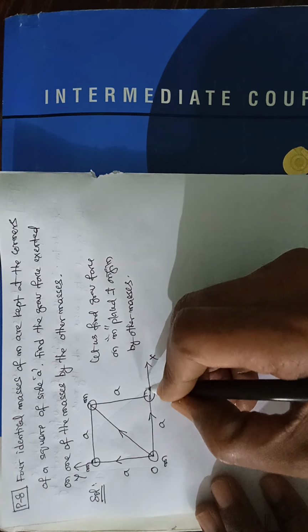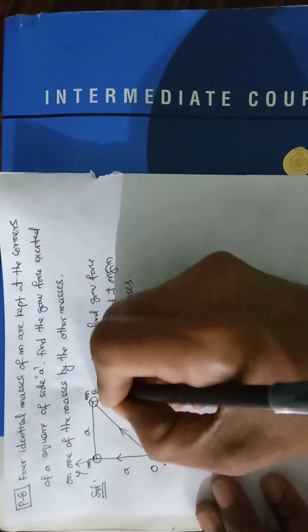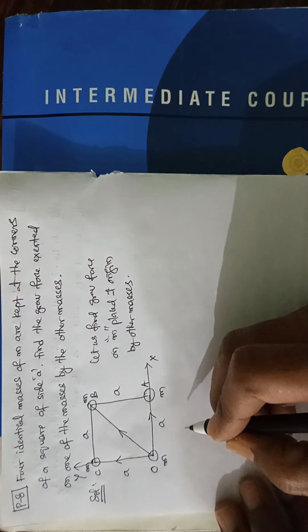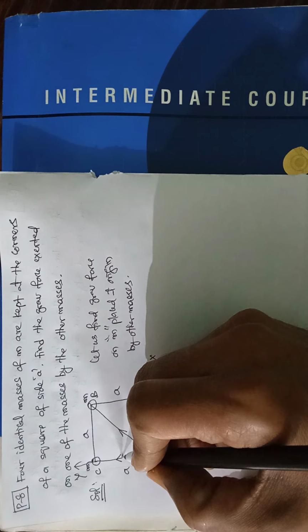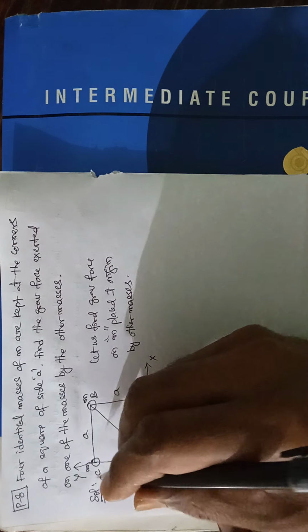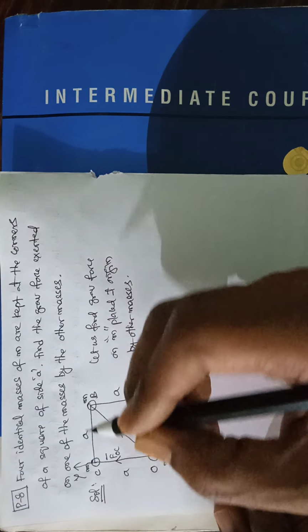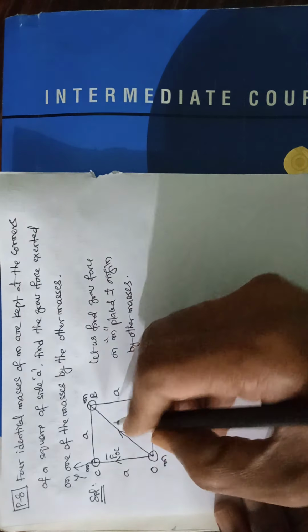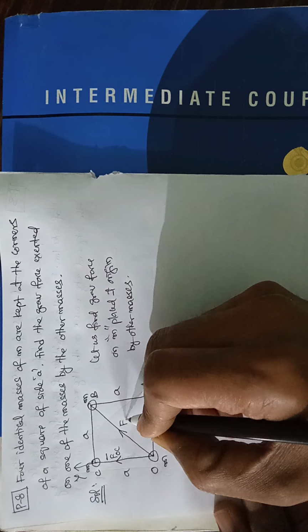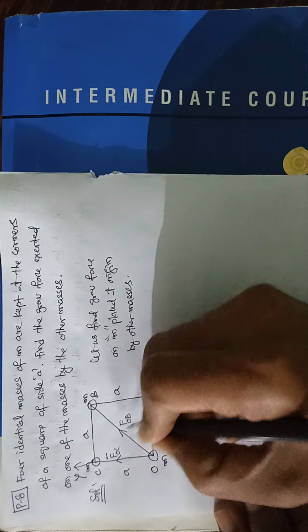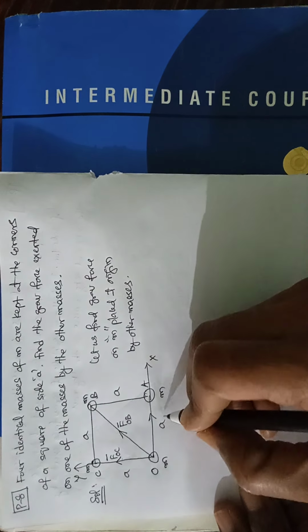Let's say O, A, B, C. So this force will be force on O by C, and this force is force on O by B, and this force is force on O by A.